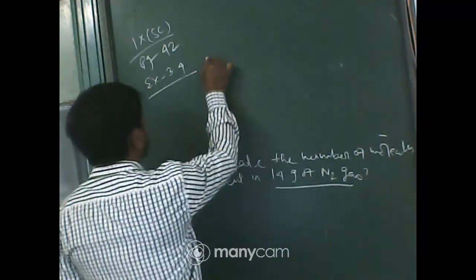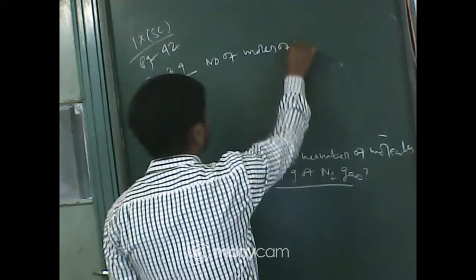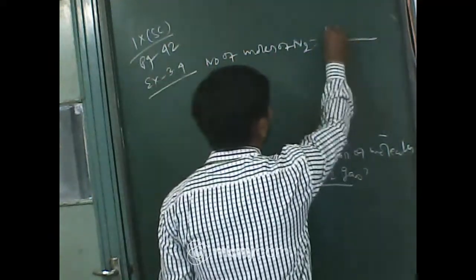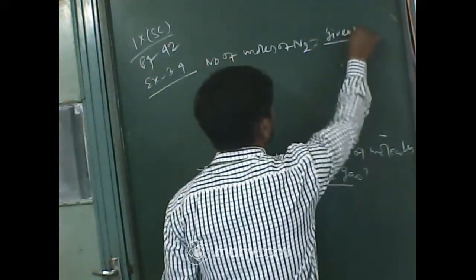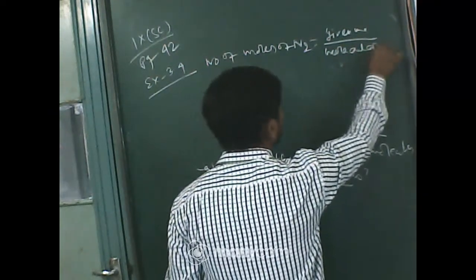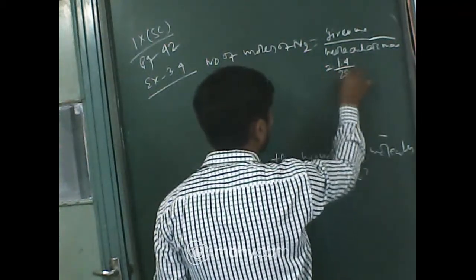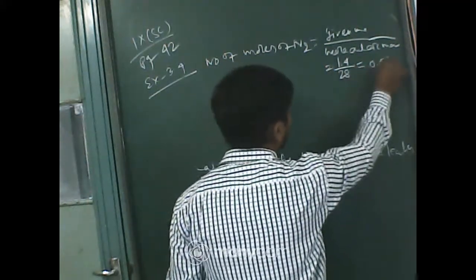So, number of moles of nitrogen is equal to given mass by molecular mass. Given mass is 14, molecular mass is 28, that is equal to 0.5 mole.